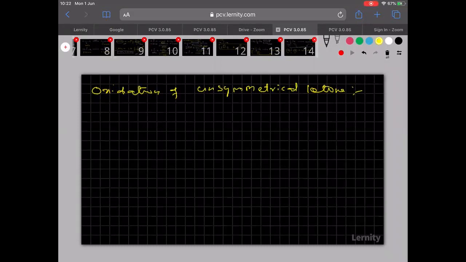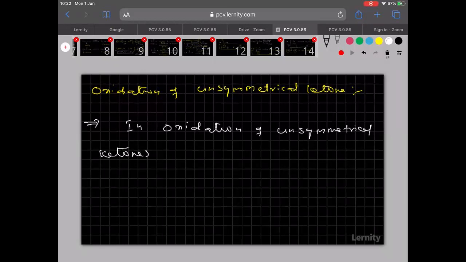Okay, so here one rule is there. IUPAC proposed one rule. According to that rule, remember everyone, in oxidation of unsymmetrical ketones, here I am telling you one rule, Popov's rule.